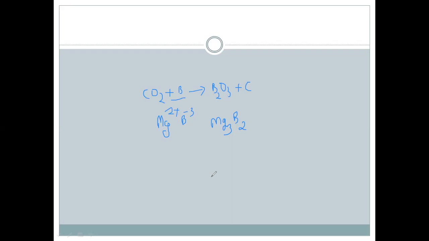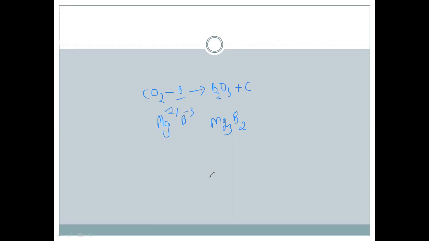Then, when boron reacts with non-metals like carbon, I am going to get B4C, which is a hard substance, known as boron carbide. And if you treat the boron with sulfur, I can get B2S3 also.